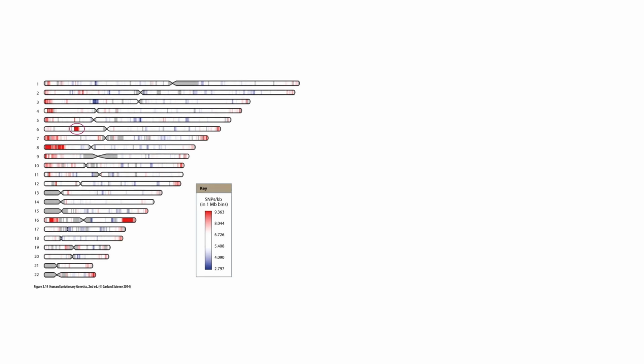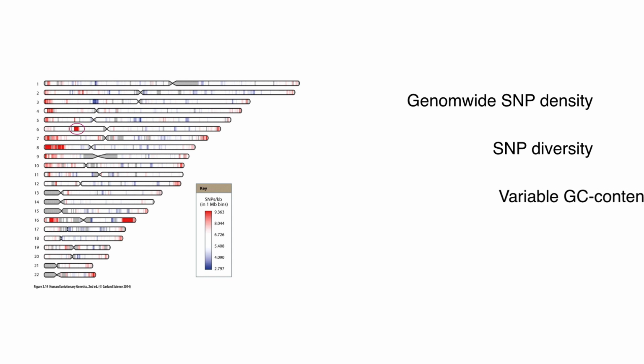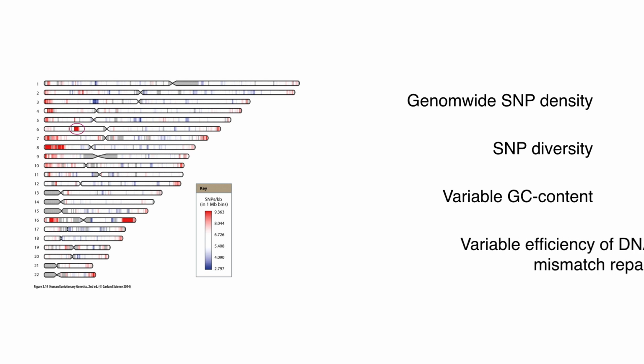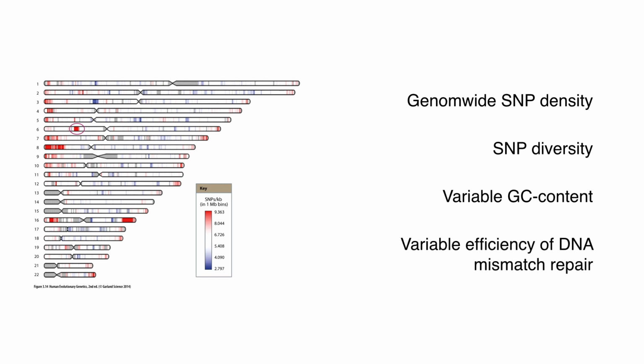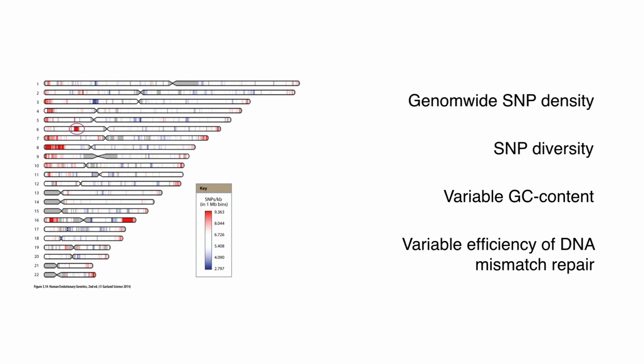Consequently, the rate of base substitution will not be uniform throughout the genome. It varies significantly genome-wide. In principle, this could reflect variation in mutation rates because, for example, of variable CpG content or variable efficiency of DNA mismatch repair.